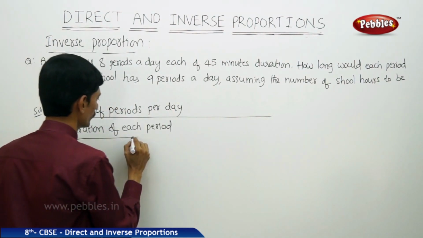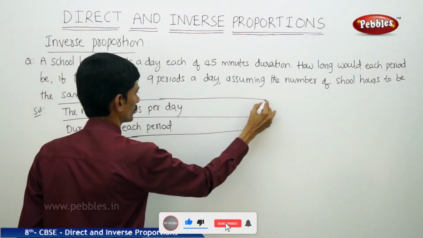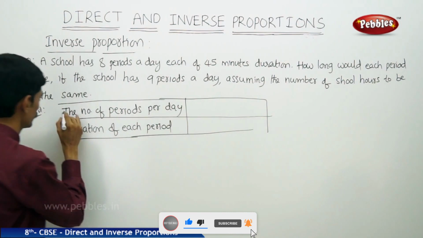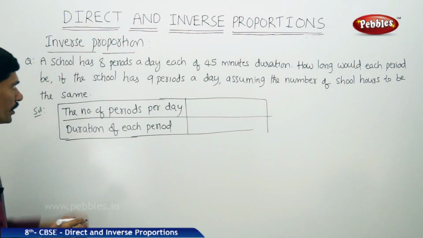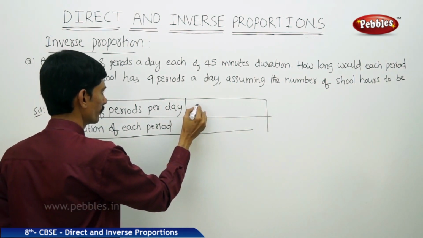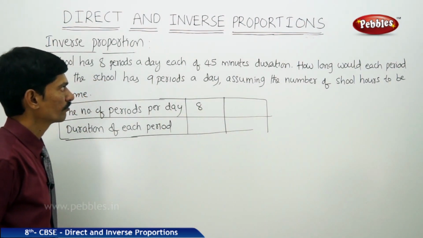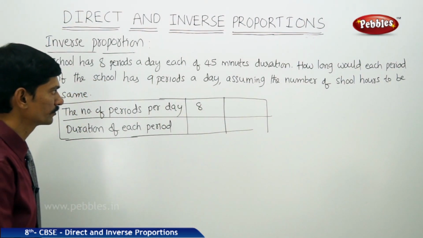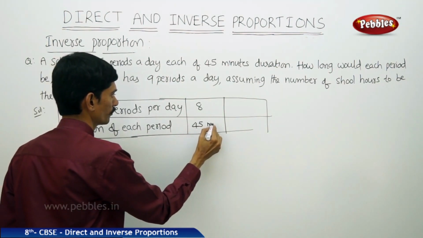Now let us write the values of each quantity. If the school has 8 periods a day, the number of periods is 8, then the duration of each period is 45 minutes. So we can write here 45 minutes.